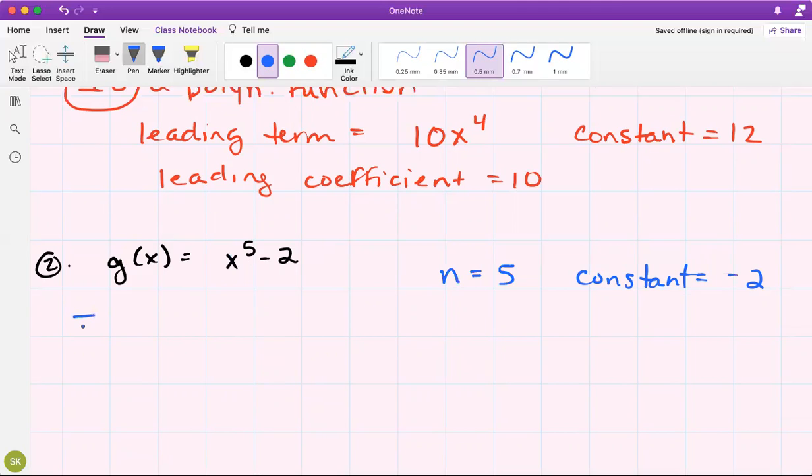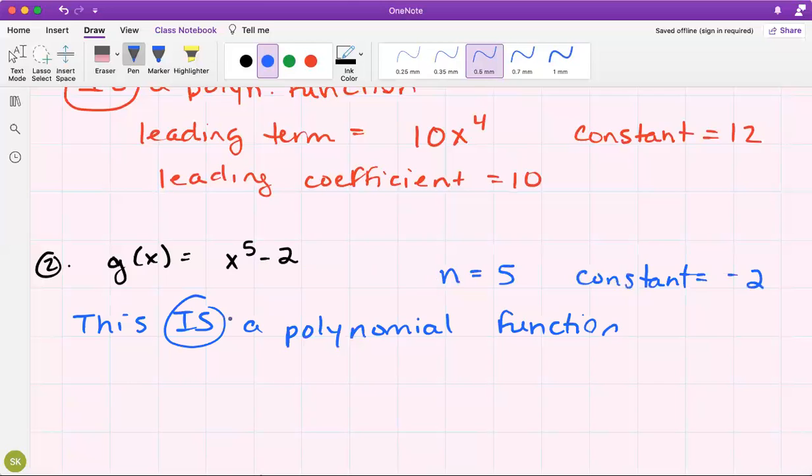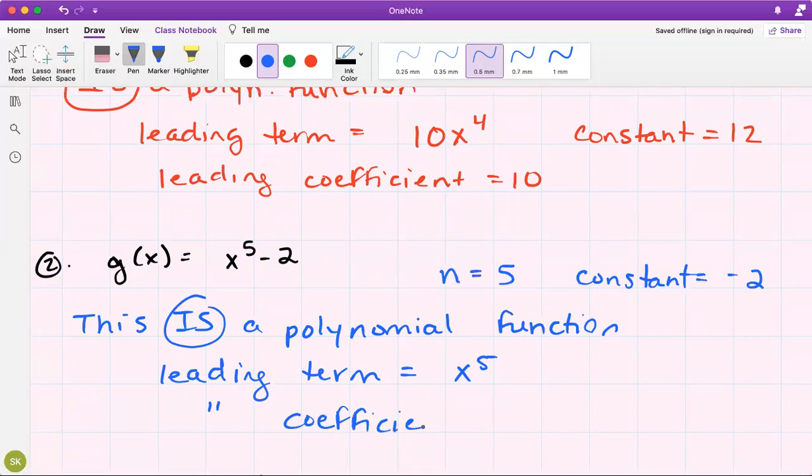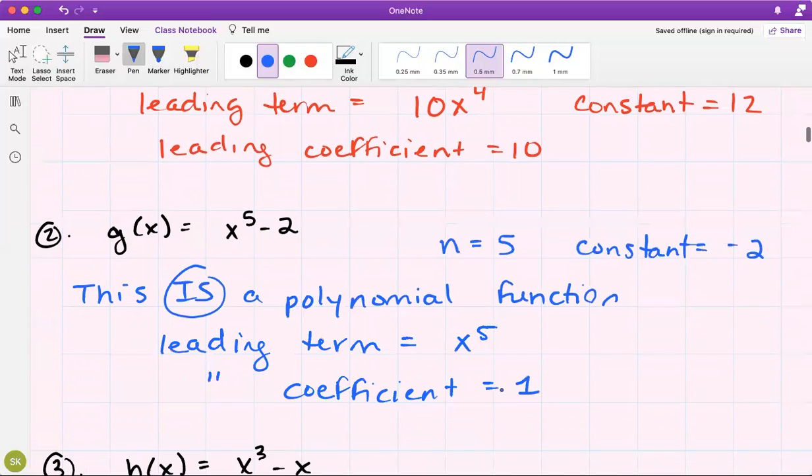This is a polynomial function. And you can see that the leading term is x to the fifth. And the leading coefficient is just equal to 1, the number that's in front of this x to the fifth.